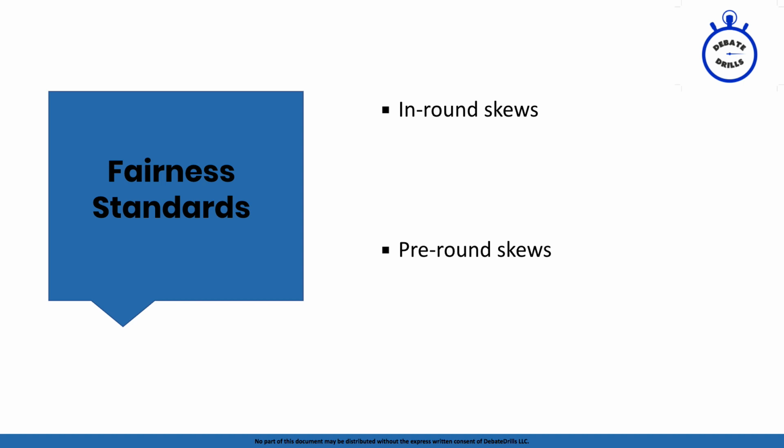And third is a quality of argument skew. And this basically says, look, the amount of arguments and how good they are end up being poorer for me because of the strategy you've read. So maybe you just have gotten to choose the best arguments, and the positions I'm forced to read now are counterintuitive and not fair. And so the literal arguments I have to work with are not equitably divided.